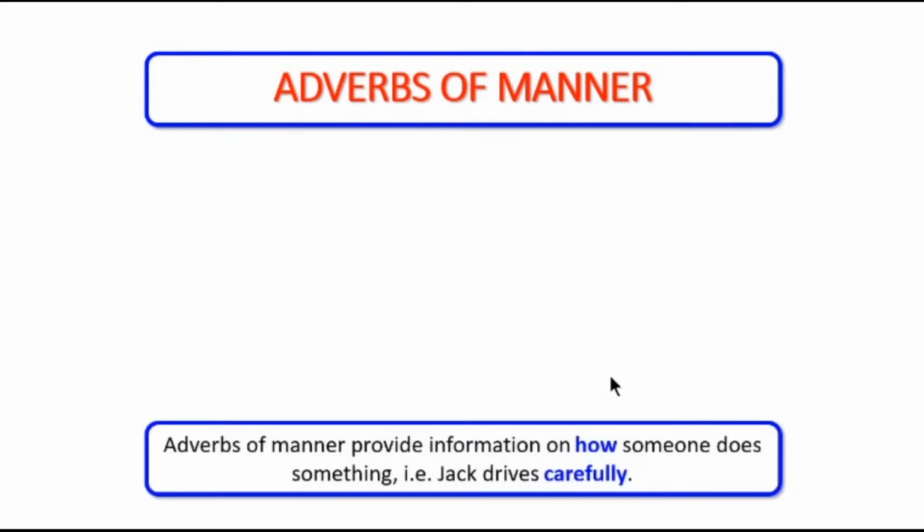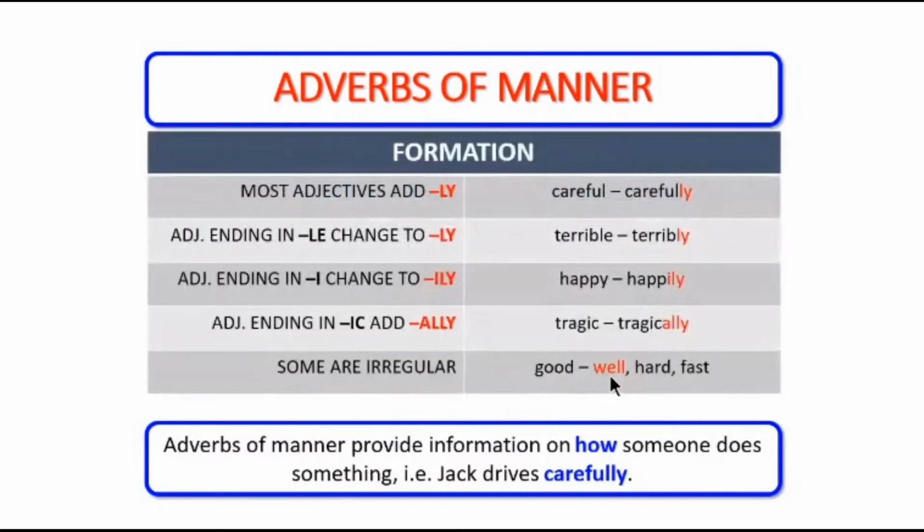As I told you, adverbs of manner provide information on how someone does something. Jack drives carefully, for example. With most adjectives, you have to add ly. Careful, carefully. Adjectives ending in le change to ly: terrible, terribly.